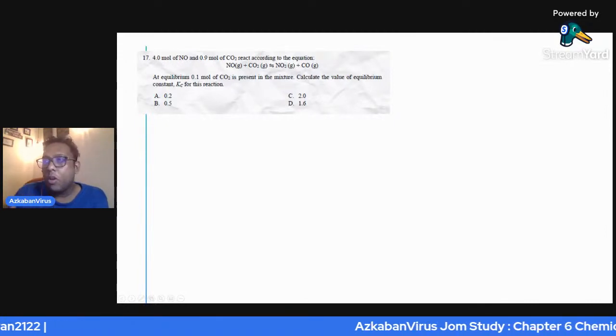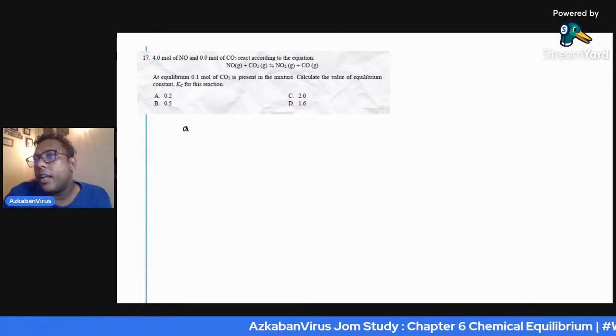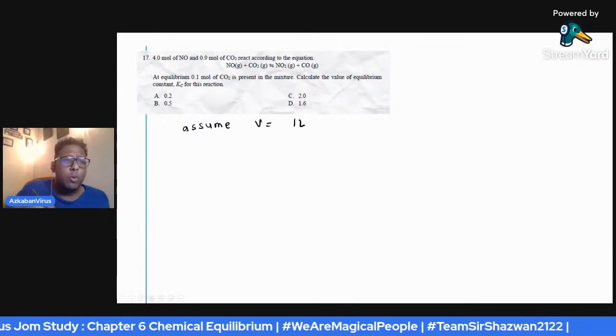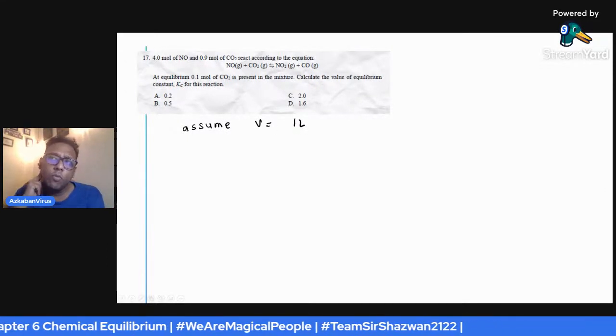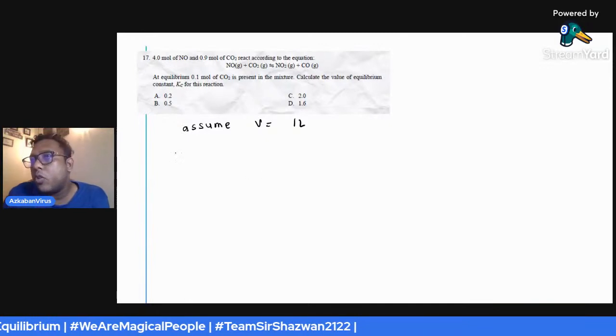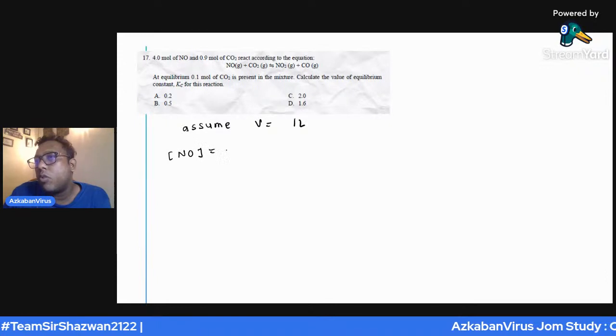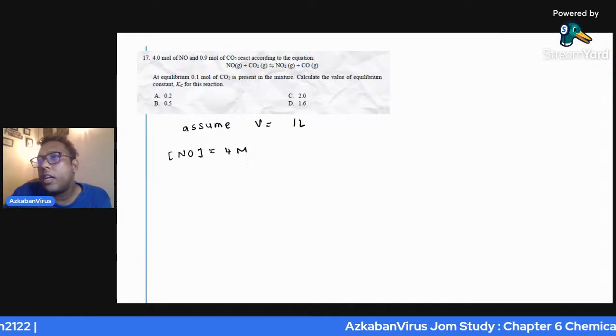Bila dia tak bagi volume, we just assume that V is equal to 1 liter. You just assume je. You boleh pick any number. Kenapa saya assume 1 liter? Because I want to calculate the molarity of NO, which is equal to 4 molar.